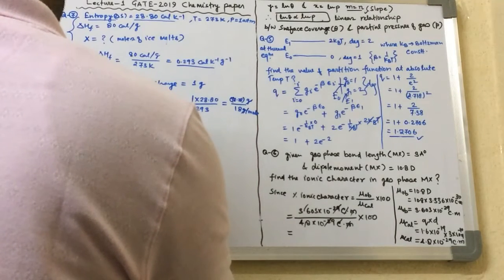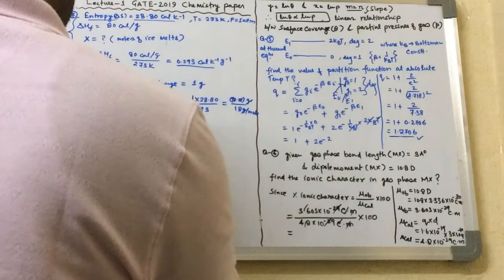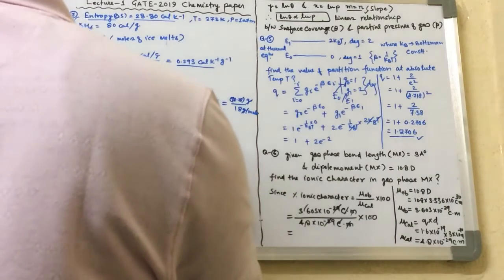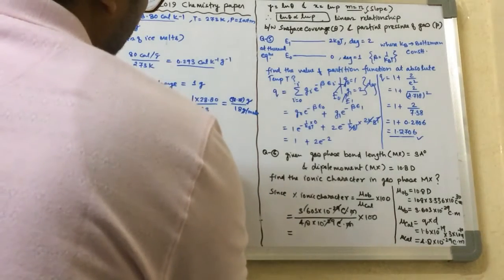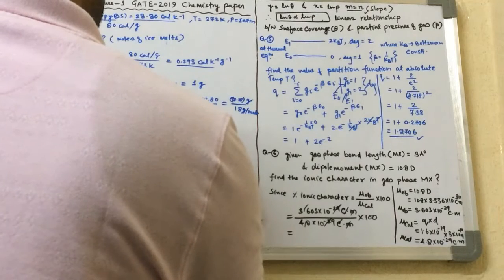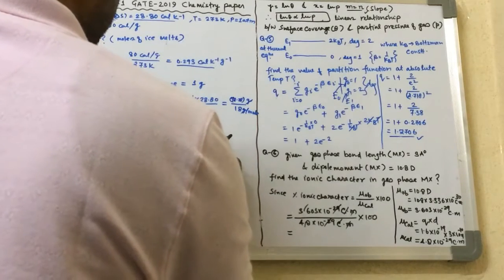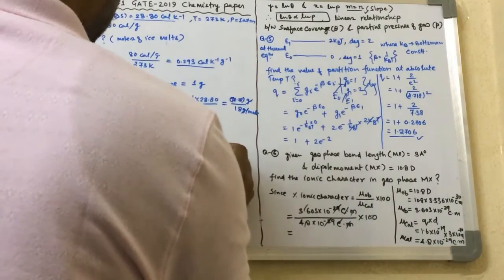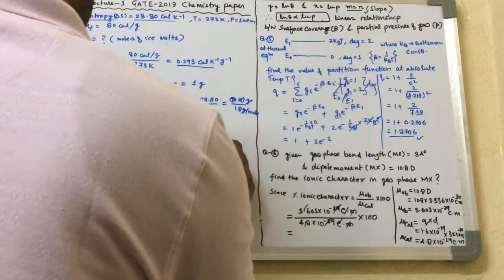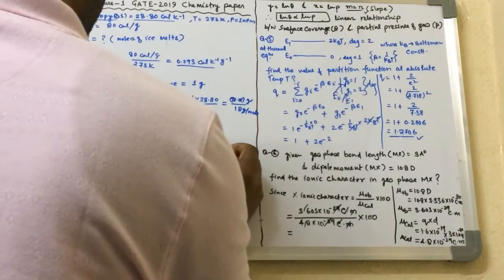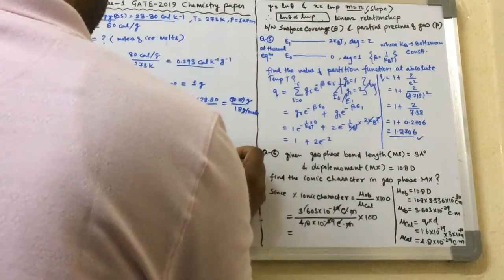Water, here the oxidation value is 2 plus, and it forms cobalt in the 2 oxidation state, [Co(NH3)5(H2O)]2+.